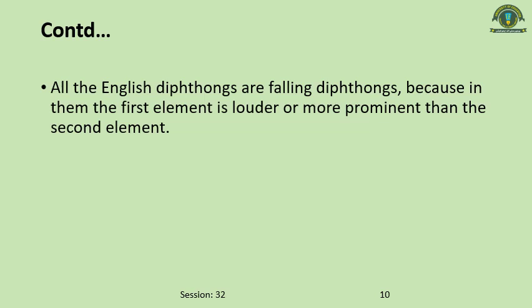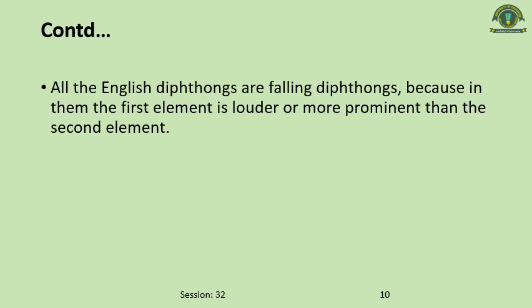Now watch, if I say ay, the first element is louder, not the second one. If I say eye, the first one is louder than the second one. If I say oy, the first one is prominent. And if I say ow, the first one is dominant, not the second one.